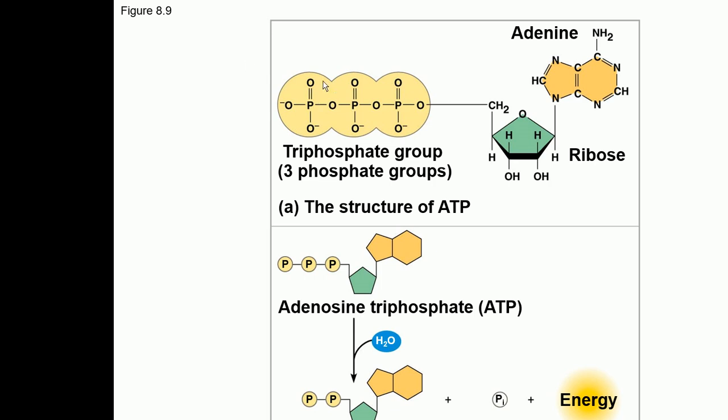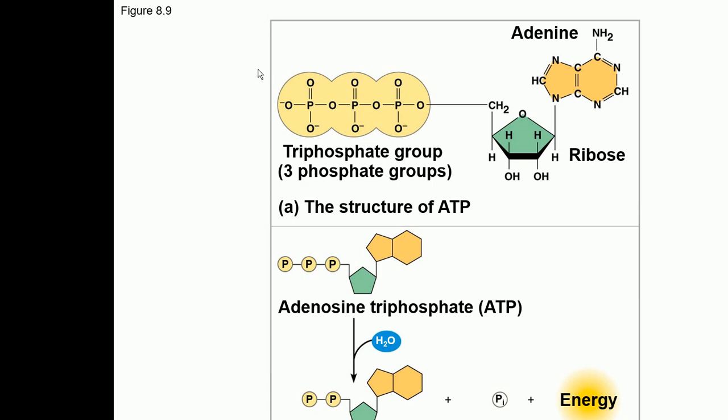Okay, so phosphate groups, if you remember from your previous lectures, have negative charge on them. To keep these phosphate groups together, a lot of energy is required. So the energy is actually stored in the bonds which are formed between these phosphate groups. So when this adenosine triphosphate gets converted into adenosine diphosphate, one of the bonds is going to be broken.